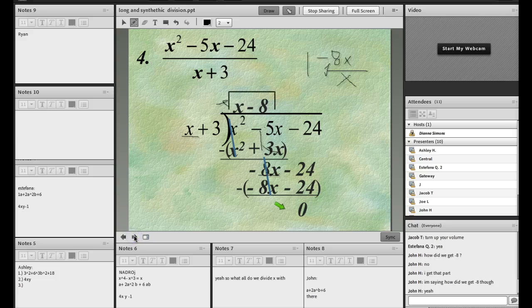Okay? Now, I don't know if this goes over in your videos or not because I haven't really watched the videos. But what this tells us, since there is no remainder, is that x plus 3 is a factor. That means that if I were to factor x squared minus 5x minus 24, x plus 3 would be one of the factors.